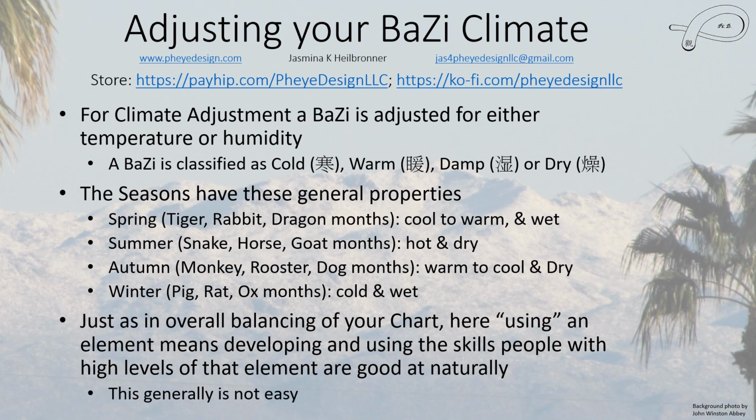Now, generally, picking up a skill when you have either a weak element or it's not an element that is in your chart is not easy. It's not meant to be easy. It's meant to be useful. It's meant to make your life better. That means you're going to have to work at it.